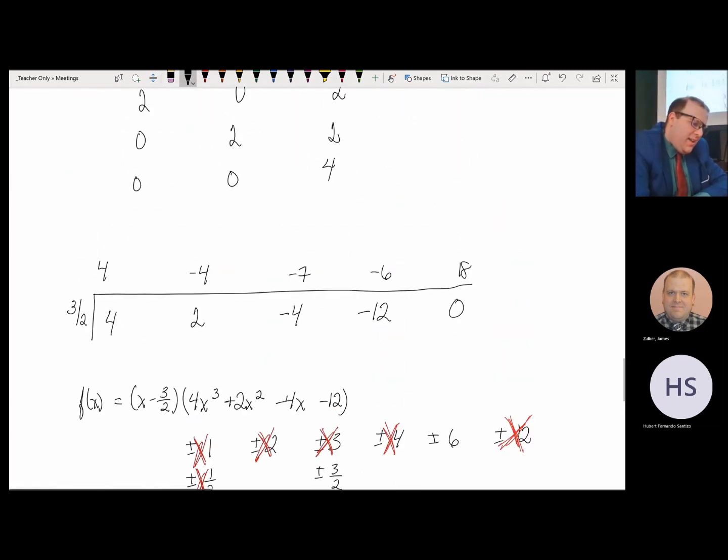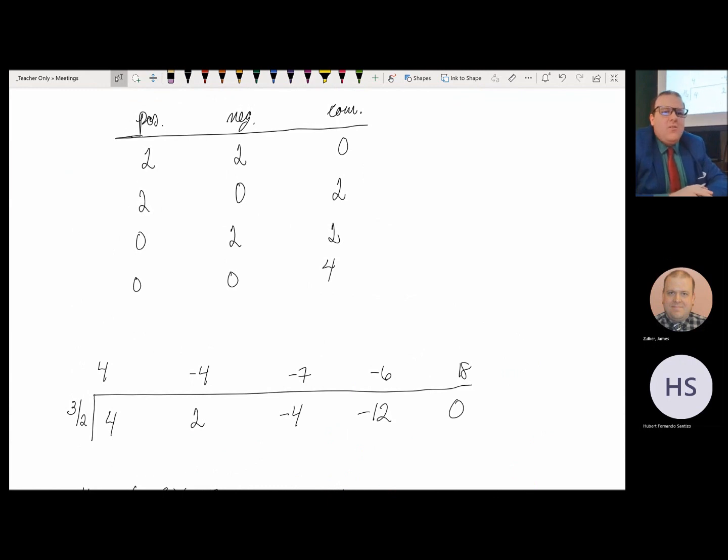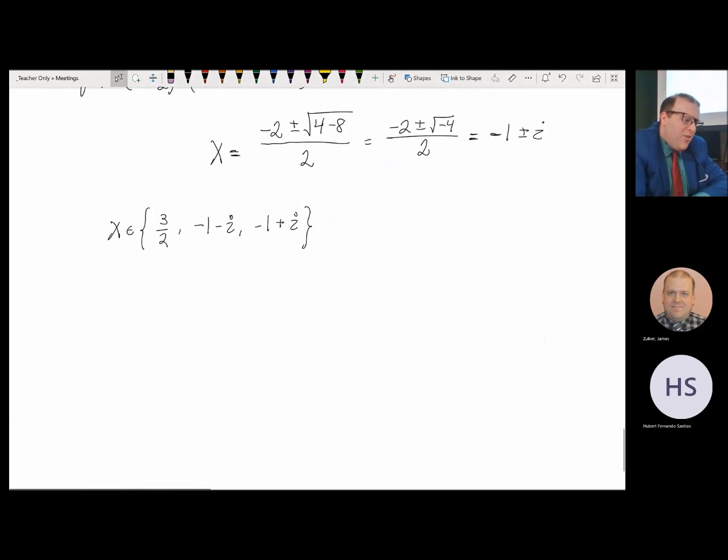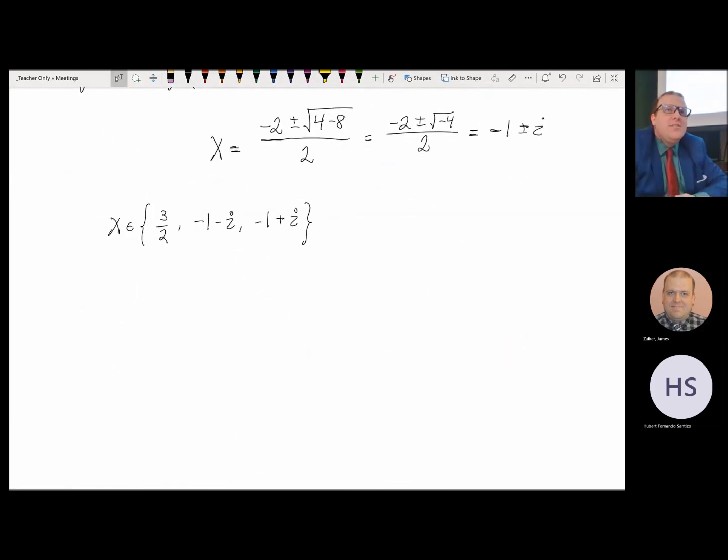Does this satisfy one of our combinations? Which one? Second one, two positives and two complex. Then just make sure, are your complex zeros conjugates? They are. So there are your zeros.